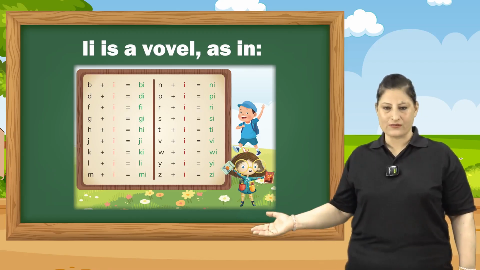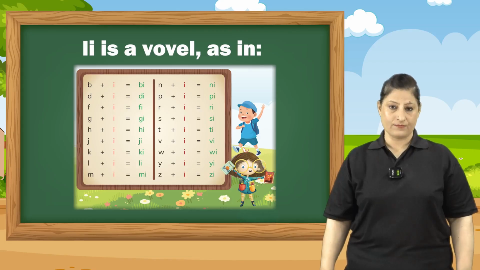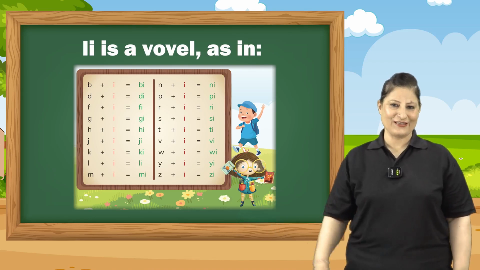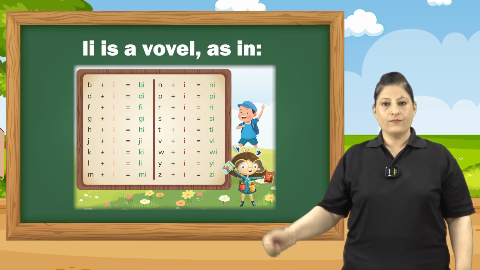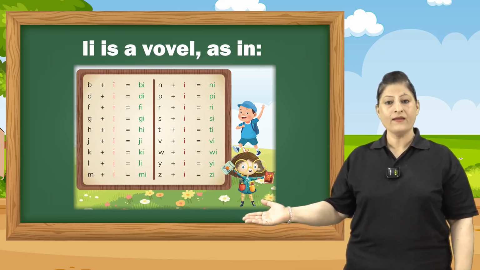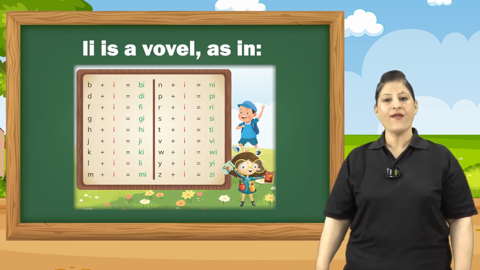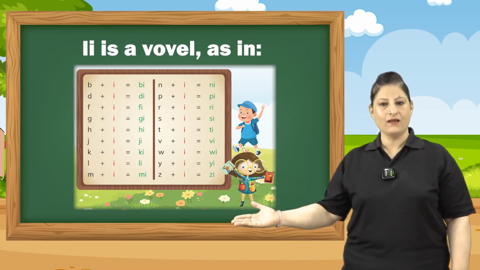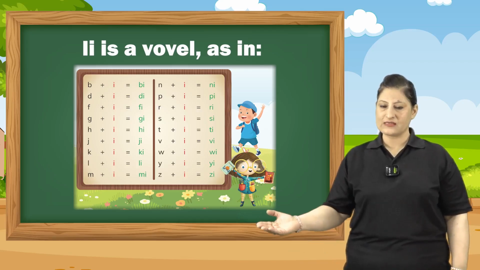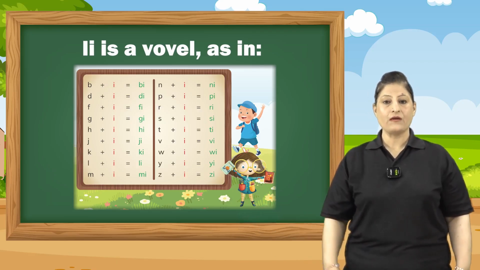Let's look at other consonants. Consonant N says n. N and I together say ni. Letter P says p. P and I say pi. R and I say ri. S and I together say si.